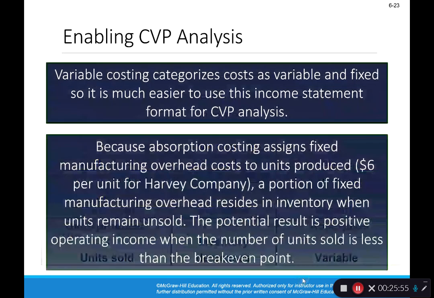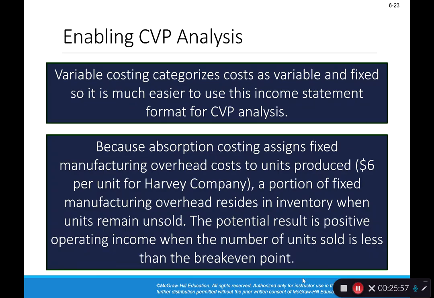So why do we go through all this? Well, variable costing categorizes cost as variable and fixed, which then allows us to do that CVP analysis that we talked about in Chapter 5. Because absorption costing assigns fixed overhead costs to its units, a portion of the fixed overhead resides in inventory when the units remain unsold.